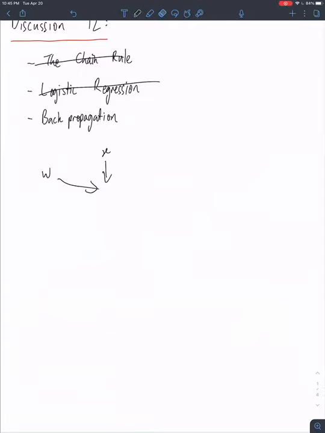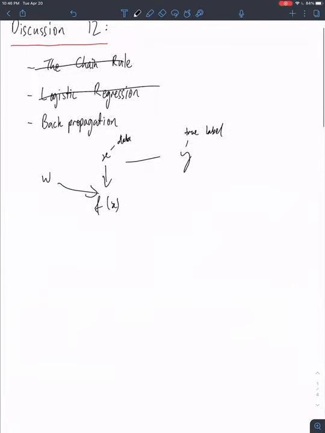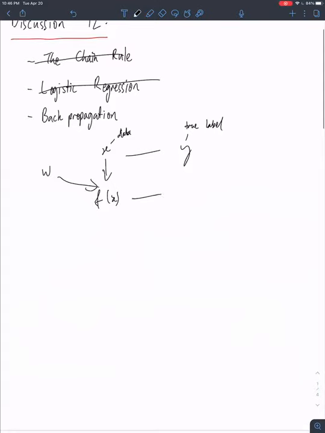Let's say you get f of X, right? F is your neural network function, and X actually has something as Y. X is like the data, and Y is the true label. And you want f of X and Y to be close, right? And the way you do that is gradient descent.